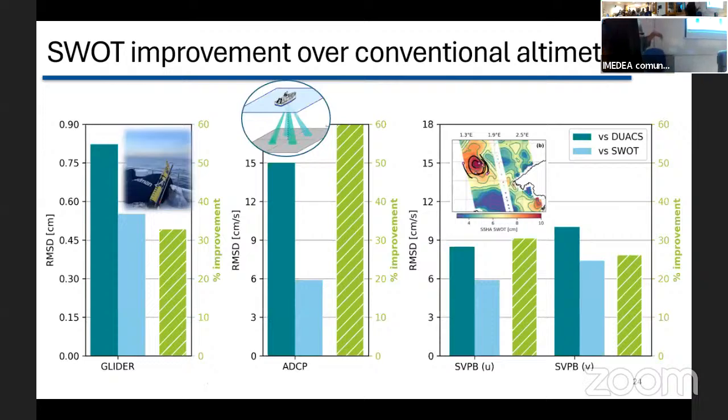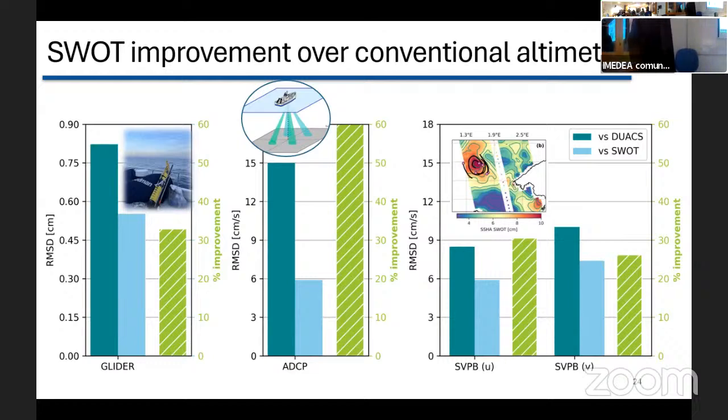Here I put all these results in a statistical way. The left y-axis is the RMSD between the instrument that we are comparing, the glider, ADCP velocities and drifter velocities, versus DUACS in this darker blue and SWOT in this sky blue. And the right y-axis is the percentage of improvement of SWOT with respect to DUACS.